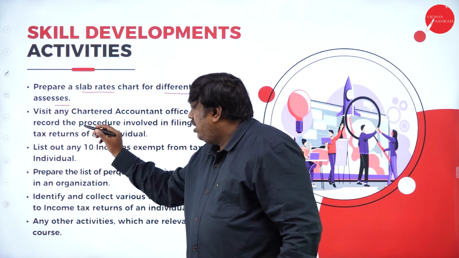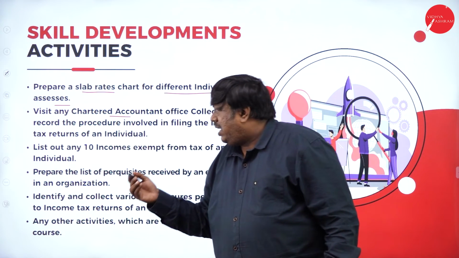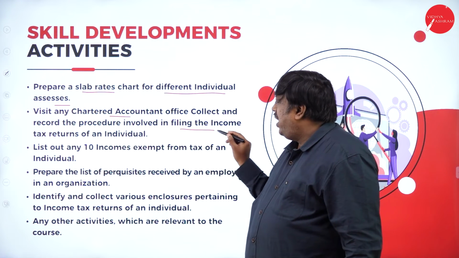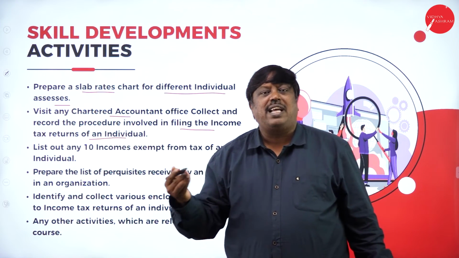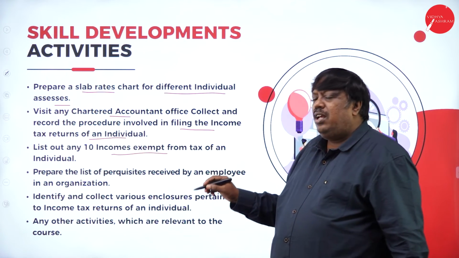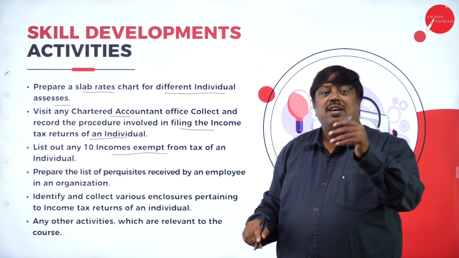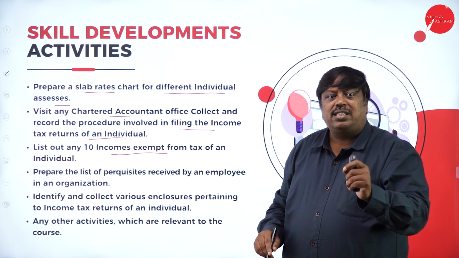And next, we can visit any chartered accountant office and collect the procedure involved in the filing of income tax returns by an individual to the income tax authorities. Next, we are going to have the chart of the 10 exempted incomes, which is a compulsory question for your examination for 10 marks.